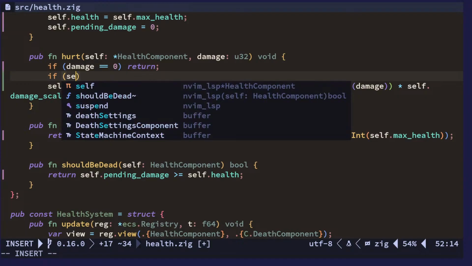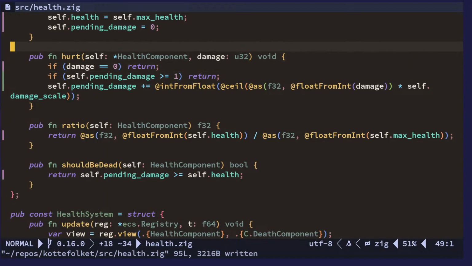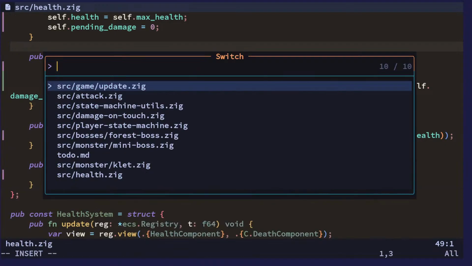So yeah, that should also solve the issue.